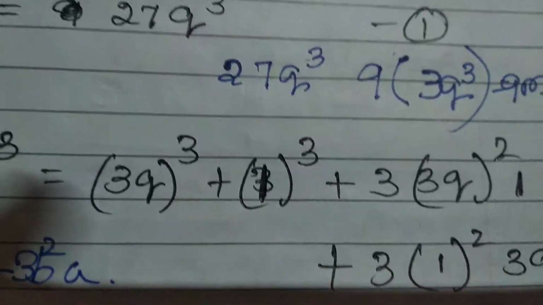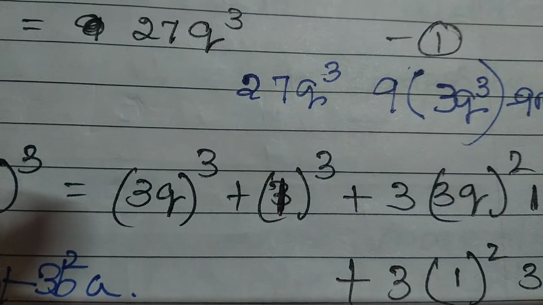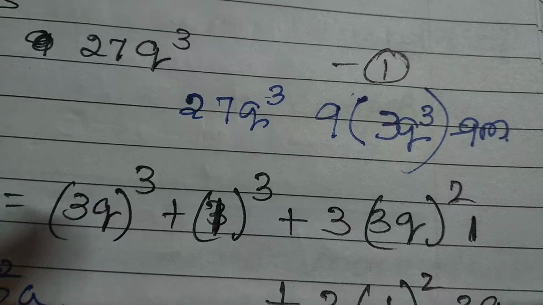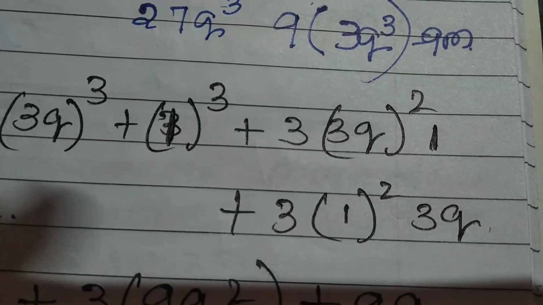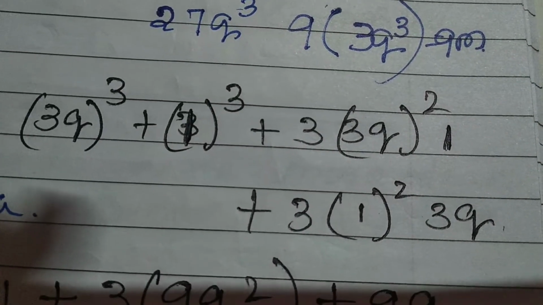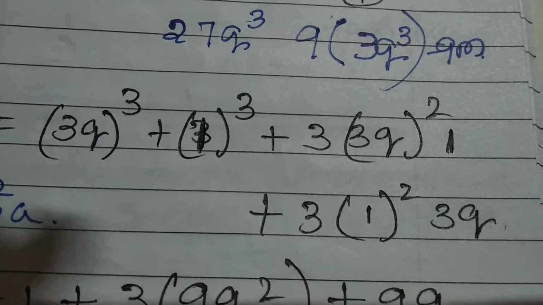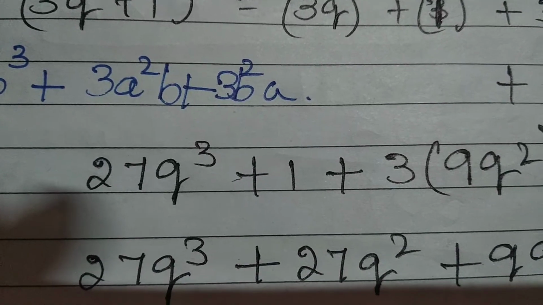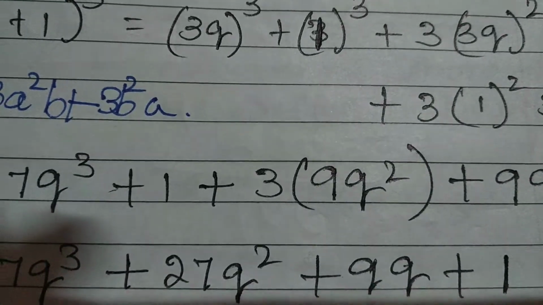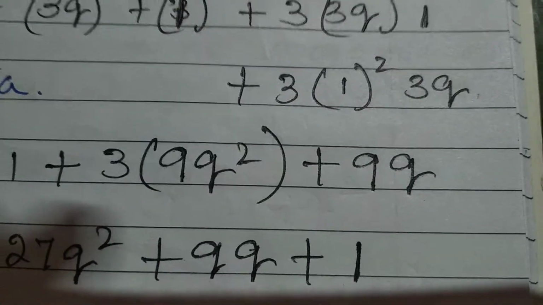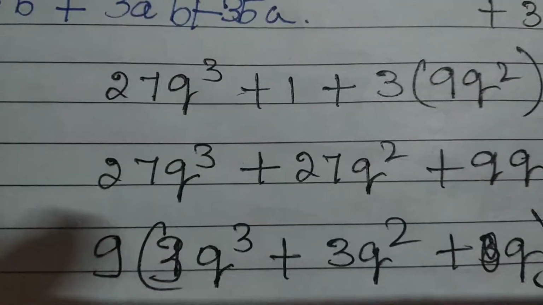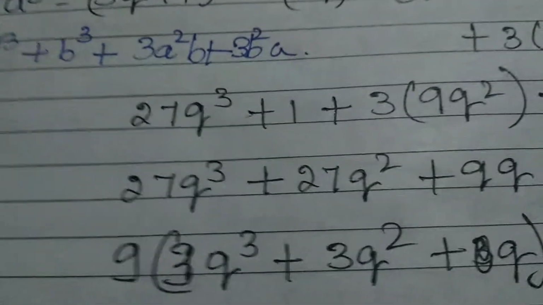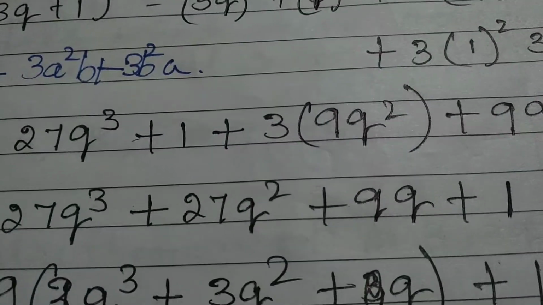So after applying this, 3q whole cube plus 1 cube plus 3 into 3q whole square into 1 plus 3 into 1 square into 3q. Applying the formula, you can see 27q cube plus 1 plus 3 into 9q square plus 9q. Rearrange it properly: 27q cube plus 27q square plus 9q plus 1.